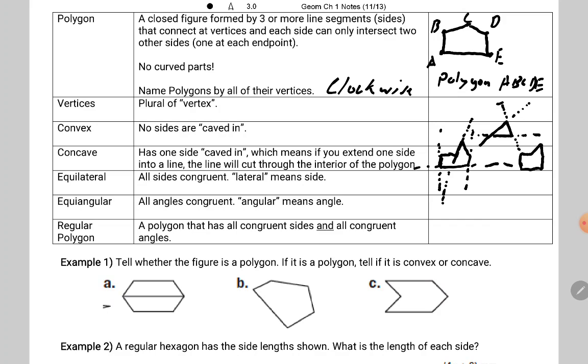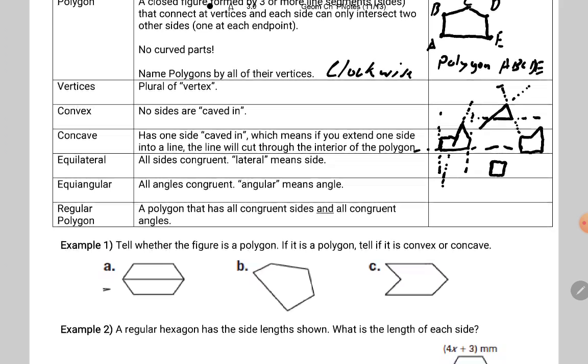Equilateral means all the sides are congruent. They have the same length. So when we think of same length, most of the time we think of a square. But you can have equilateral triangles, equilateral other polygons. Equiangular means all the angles are the same.